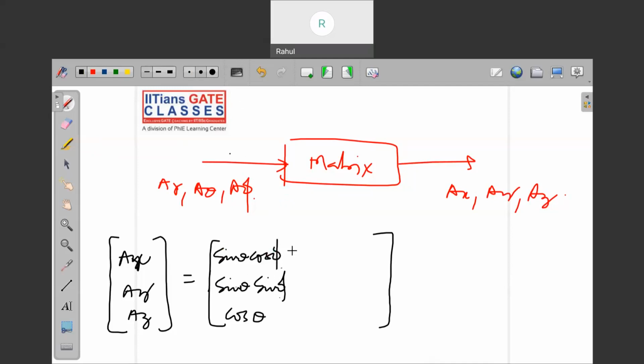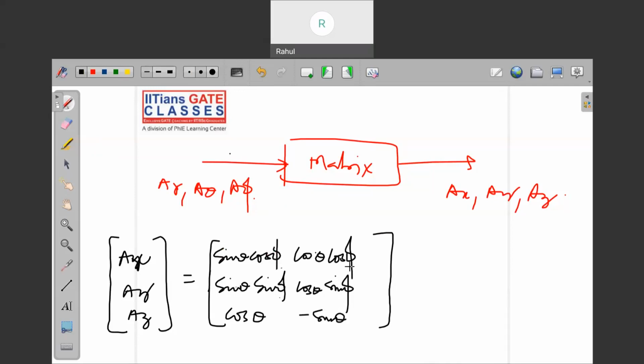Now differentiate horizontally with respect to theta, so it will be cos theta cos phi. Sine theta differentiation means cos theta only, so cos theta sine phi, and cos theta gives minus sine theta.